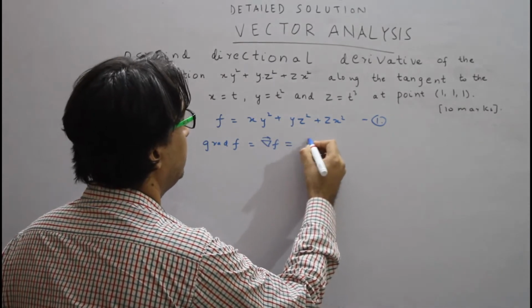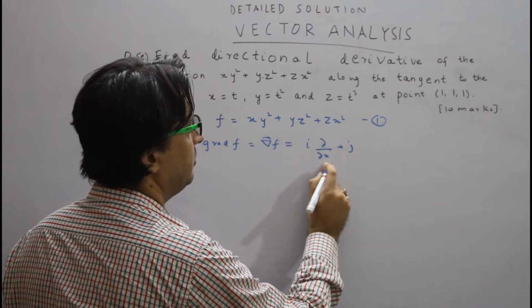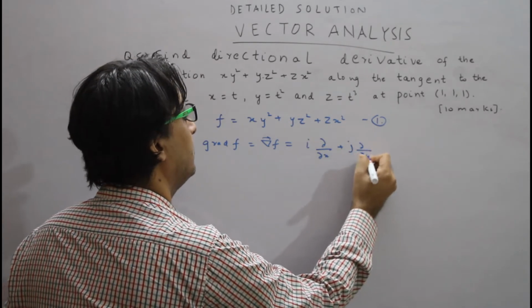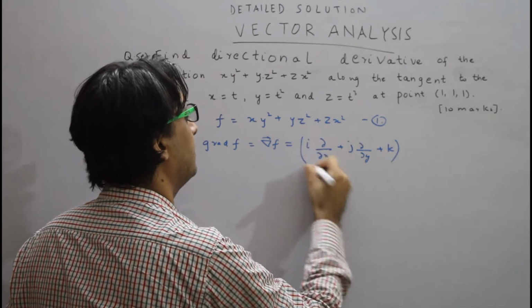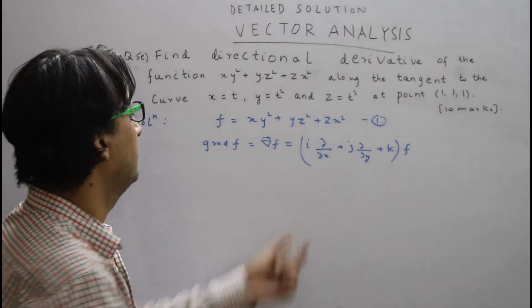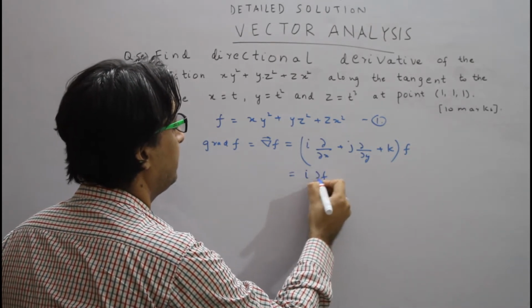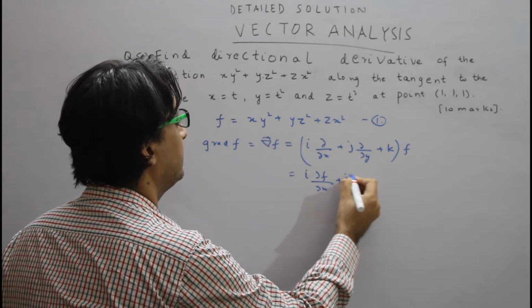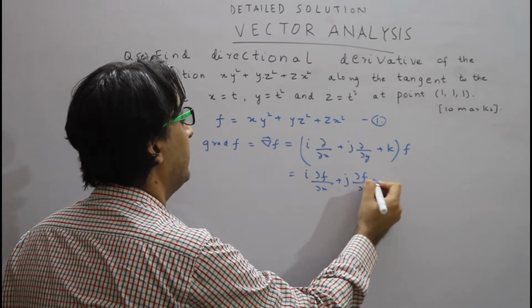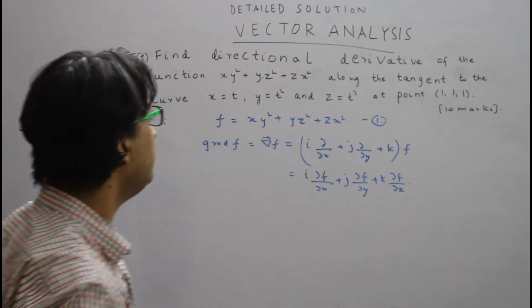So we can write this as i dou by dou x plus j dou by dou y plus k dou by dou z acting on f, that is i dou f by dou x plus j dou f by dou y plus k dou f by dou z.